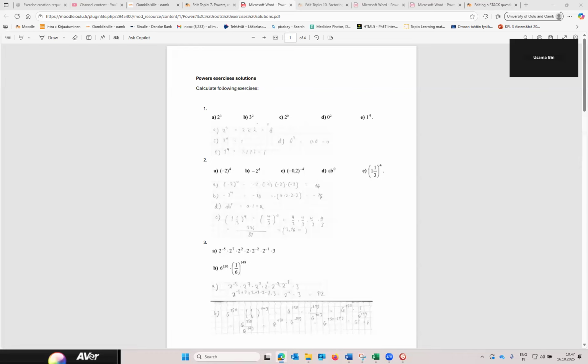No. Doesn't want to do this. What did I do wrong? No, I can do this with my super calculator. Oh, I have to do it on the paper.